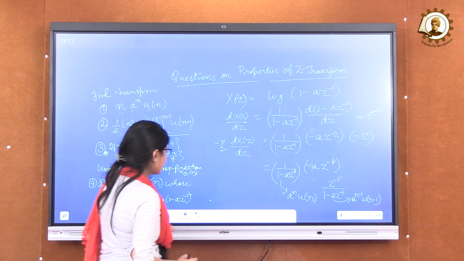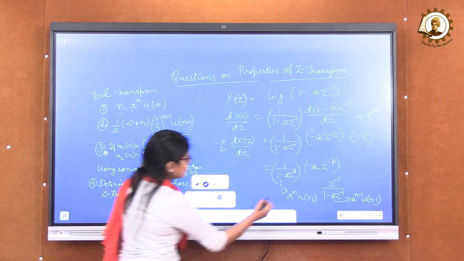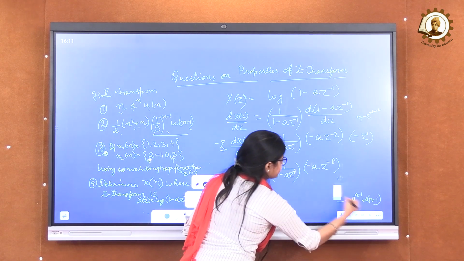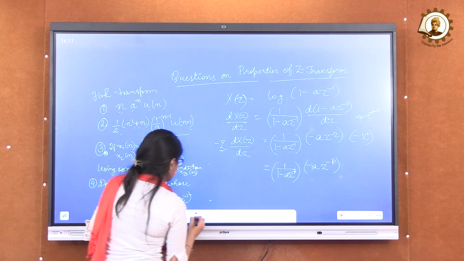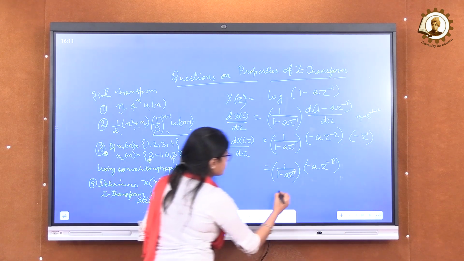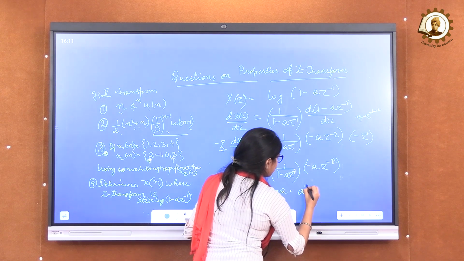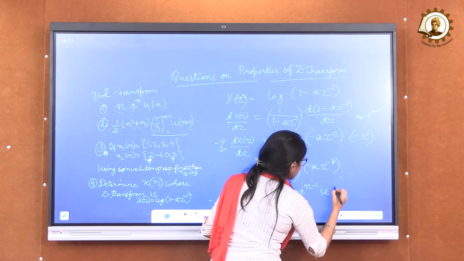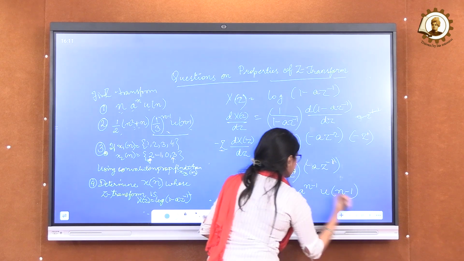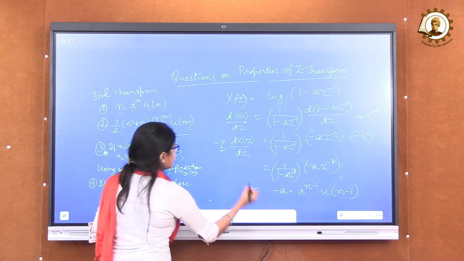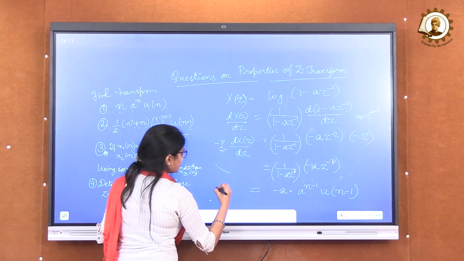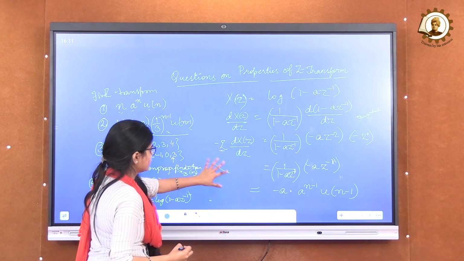Getting it? So finally, this portion completely becomes minus a into a to the power n minus 1 u[n minus 1].